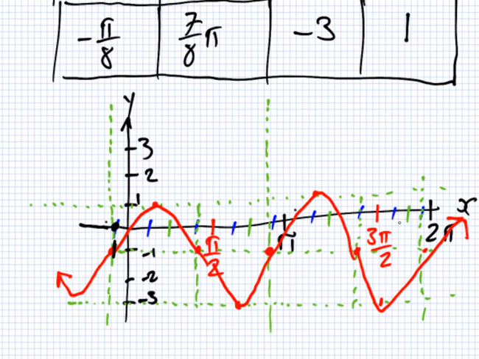Now, let's see if this matches up. Y equals 2 sine 2x plus pi over 4. Yeah, why isn't my pi showing up? Oh, sorry, here's pi. Alright, let's try this again. Now if you compare it, I've got all the same points.